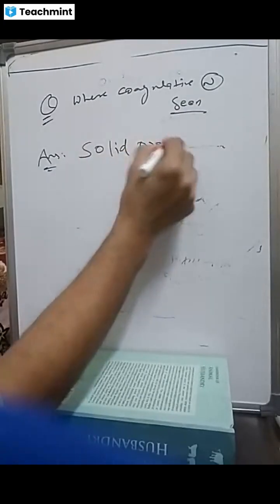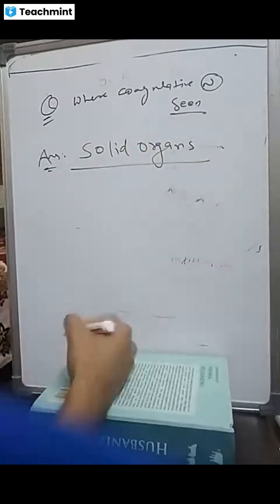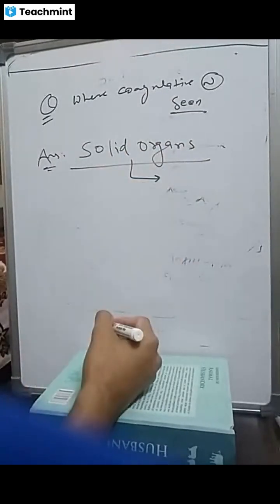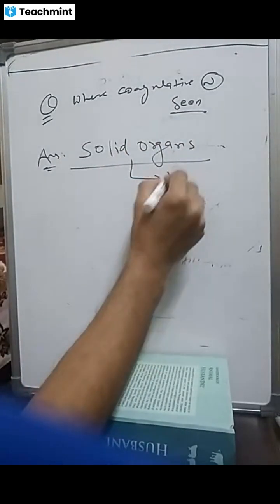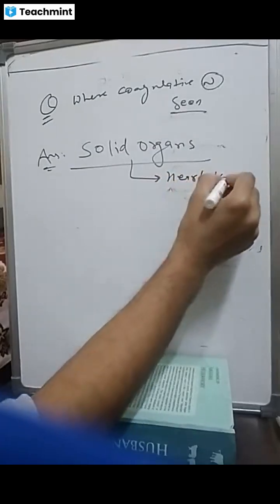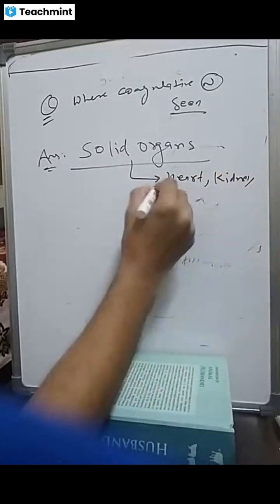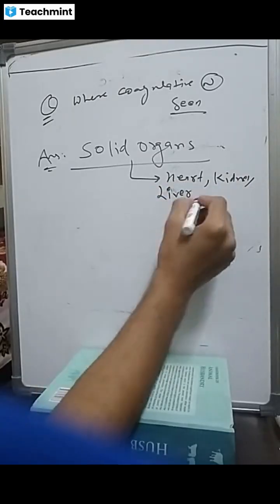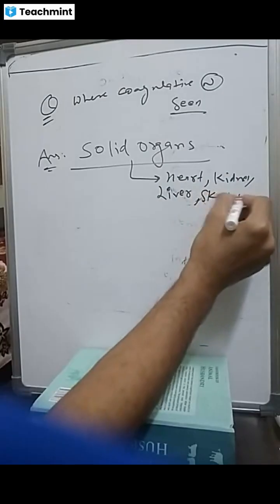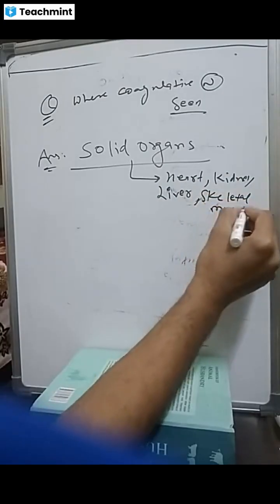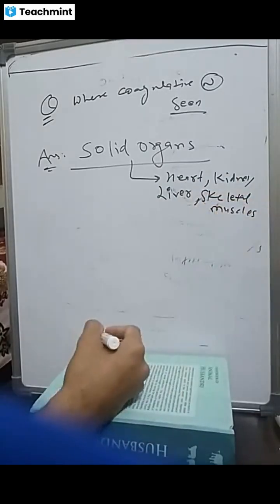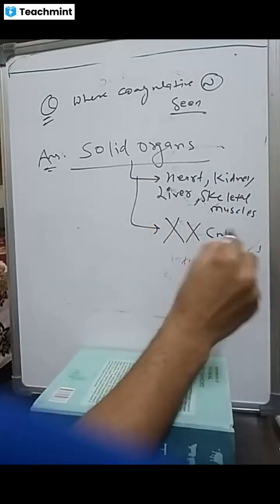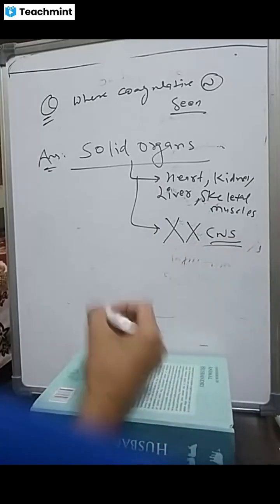It is seen in solid organs. What are solid organs? Kidney, liver, skeletal muscle. But not your CNS, not your brain.